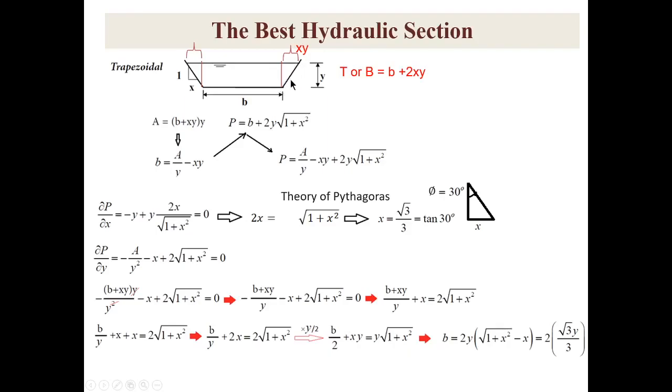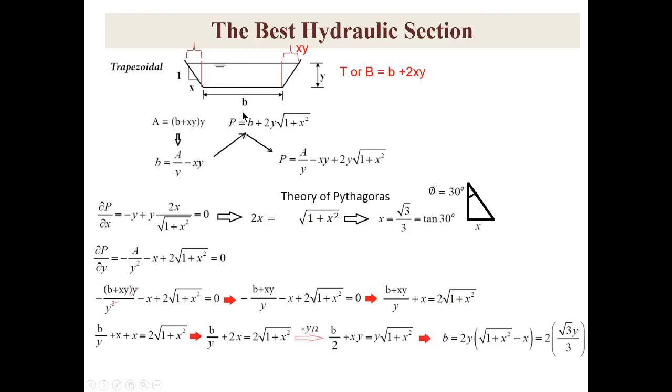The hypotenuse is equal to the root of y squared plus x squared y squared. If I say this length is L, L equals y times root of 1 plus x squared, and we have two sides, therefore wetted perimeter equals b plus 2 times y times root of 1 plus x squared.